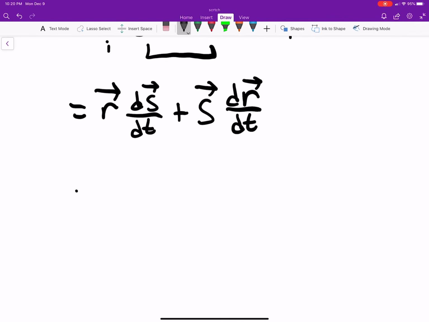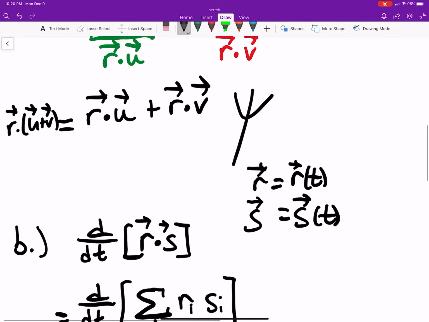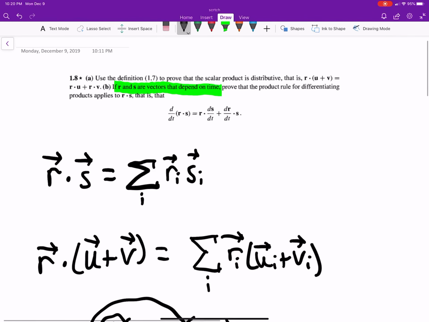So, finally, we can say d by dt of r dotted with s gave us all this. And I'm just going to write it a little different so it matches the notation that the question gave, which was like this.